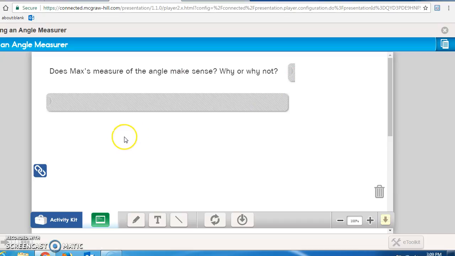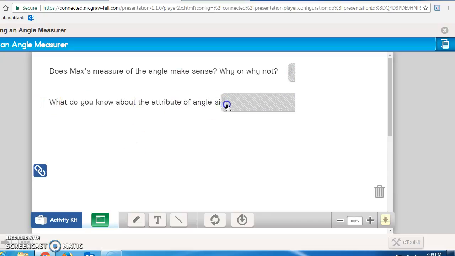Hopefully you said no. Why or why not? Because a ruler measures length, and angle size is measured on rotation. So what is the attribute of an angle size?